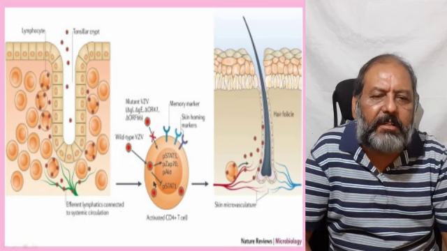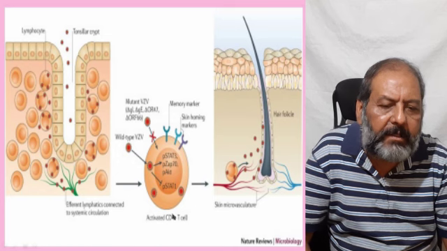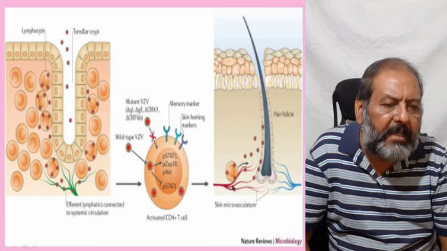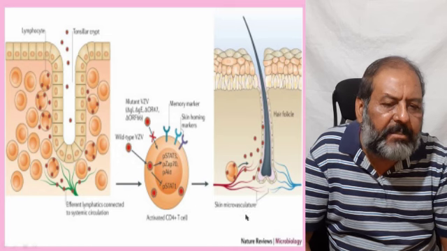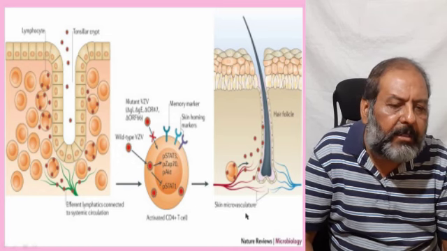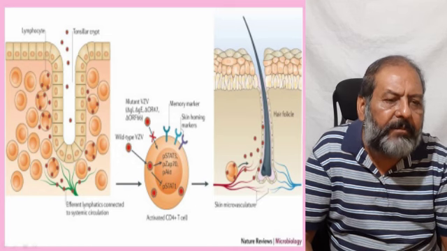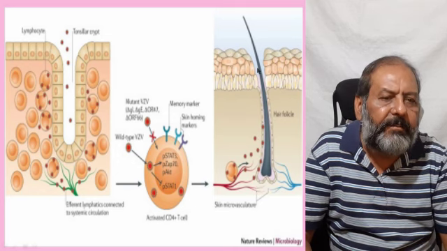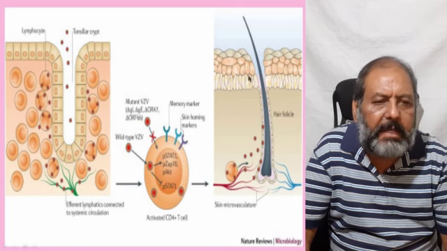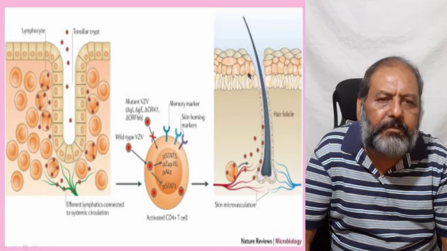From the systemic circulation, they reach the nerve fibers, and from the nerve fibers they go to the skin microvasculature, and from the skin microvasculature, these appear as the blisters on the epidermis, as the skin lesions of chickenpox.